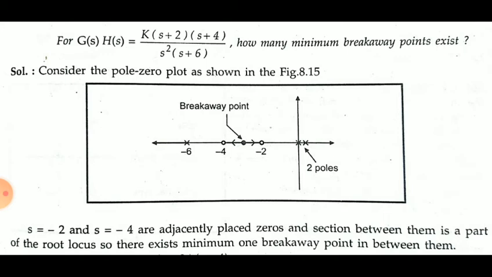So s equal to minus 2 and s equal to minus 4 are adjacently placed zeros and the section between them is a part of the root locus, so there exists at least one breakaway point in between them. It is a separate example, not part of the main example. It is shown for the predictions of the breakaway point.